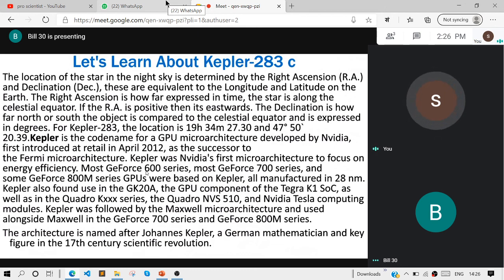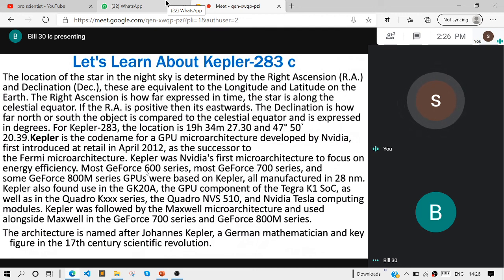Kepler is the code name for a GPU microarchitecture developed by NVIDIA, first introduced at retail in April 2012 as the successor to the Fermi microarchitecture. Kepler was NVIDIA's first microarchitecture to focus on energy efficiency.